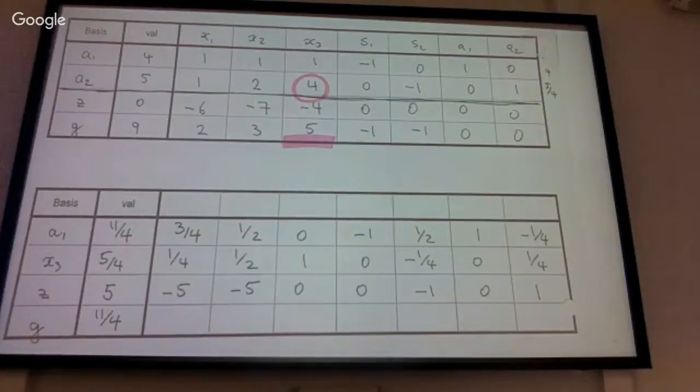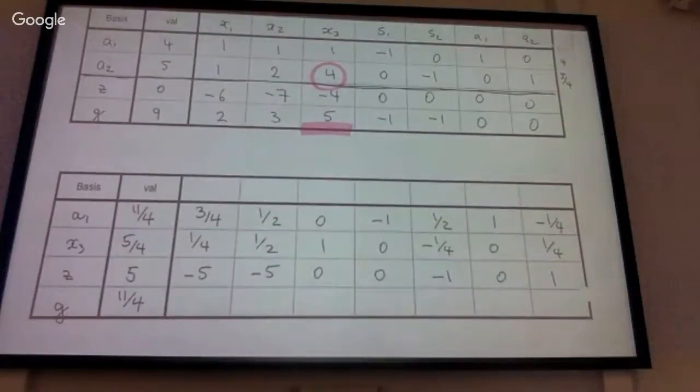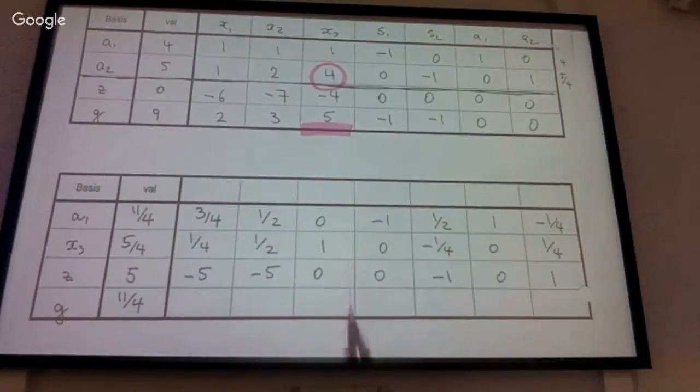Okay. This doesn't work. I'm not sure why, but people don't know how to do it. All right, so how does pivoting work? The main purpose is to get the zeros and ones in the basic columns.